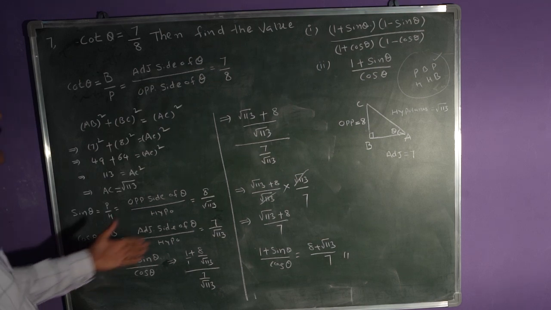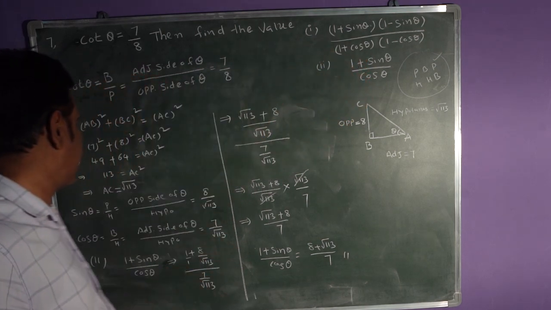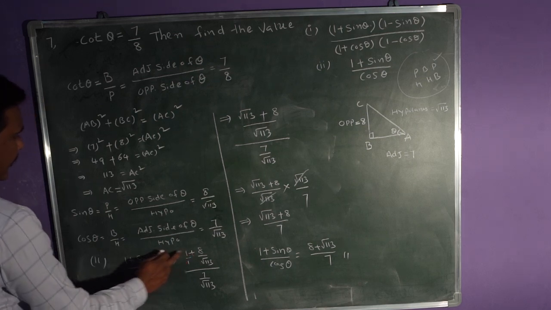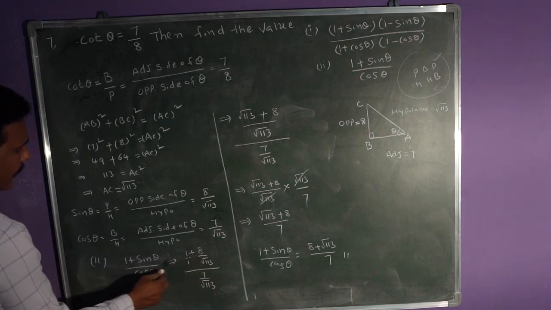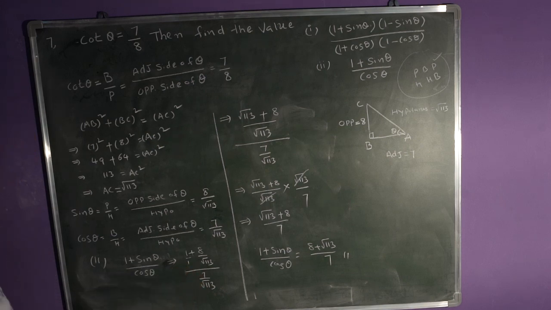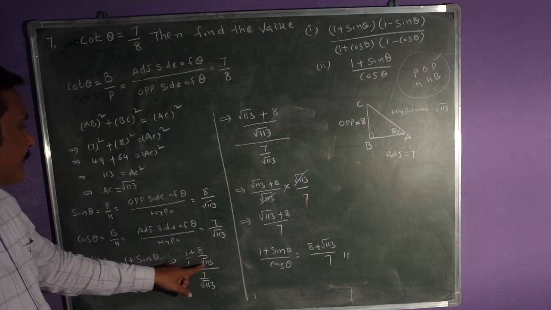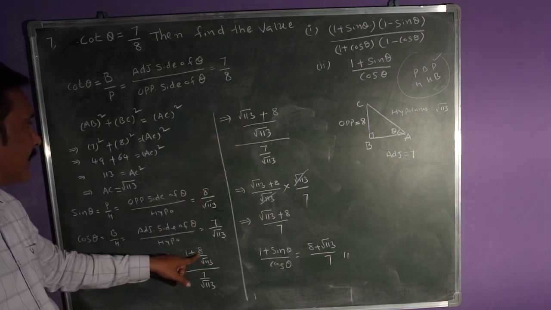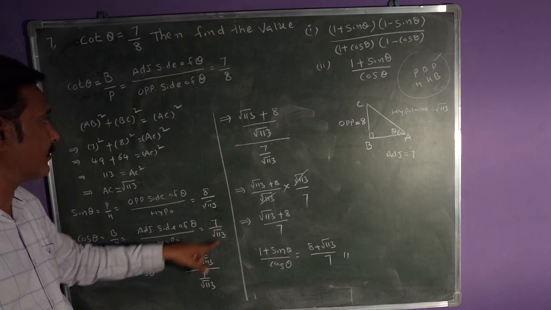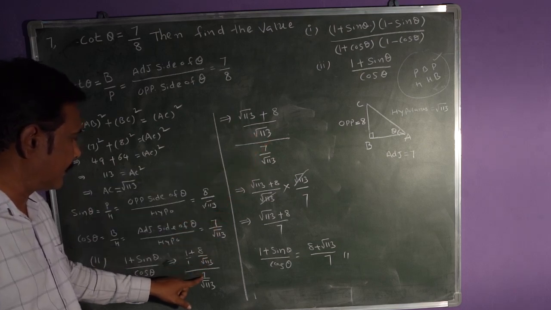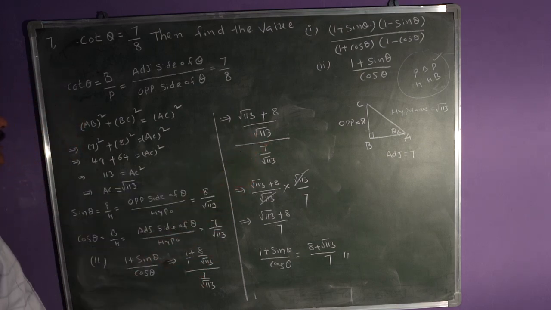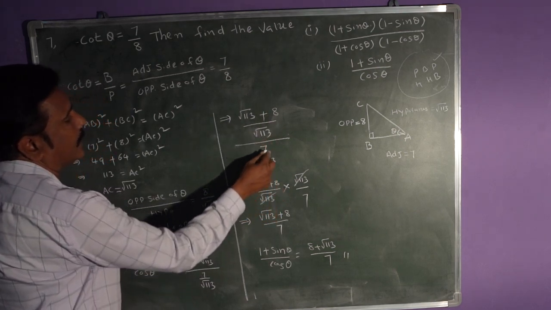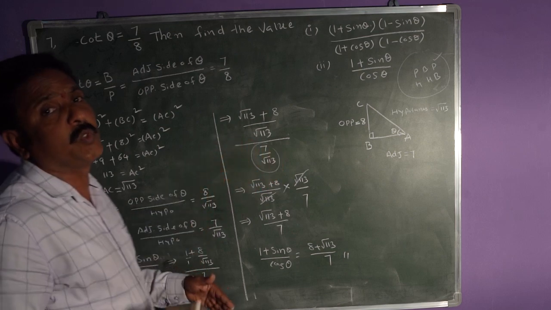Then find the value of 1 plus sin theta by cos theta. 1 plus sin theta means 1 plus 8 by root 113, divided by cos theta, which is 7 by root of 113. Then cross multiplication: root 113 into 1, root 113 plus 1 into 8 by 1 into root 113 by 7 by root 113. Then root 113 plus 8 by root of 113, into this denominator place goes to numerator place.